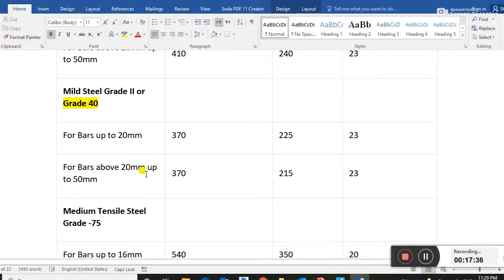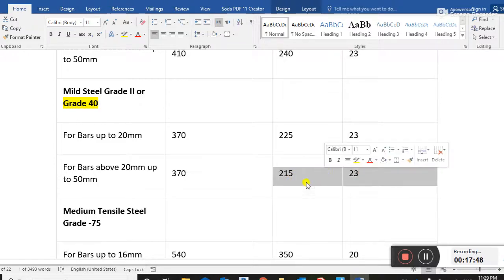For bars above 20 to 50, the ultimate tensile strength is 370 and yield stress is 215 and elongation percentage is 23.